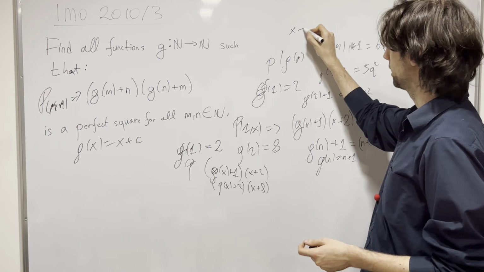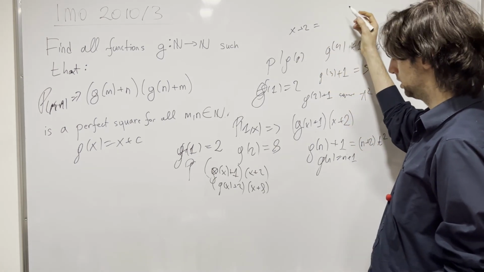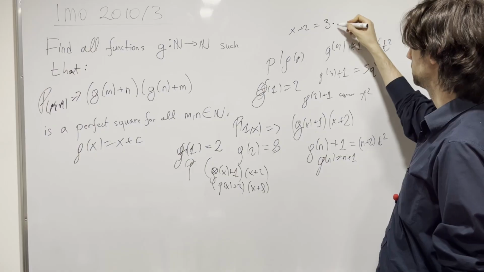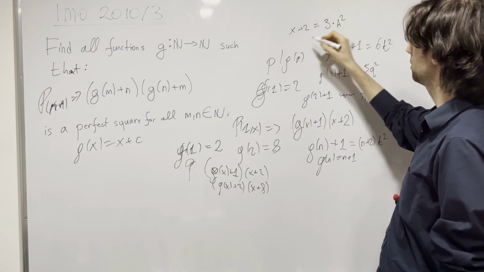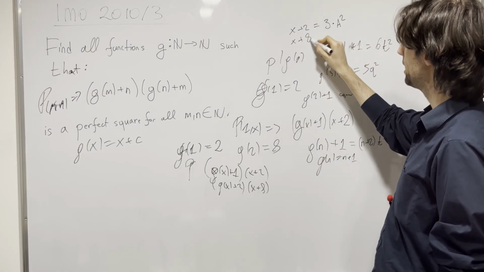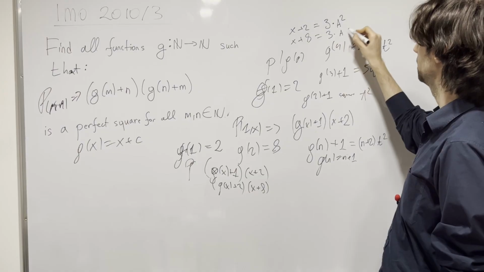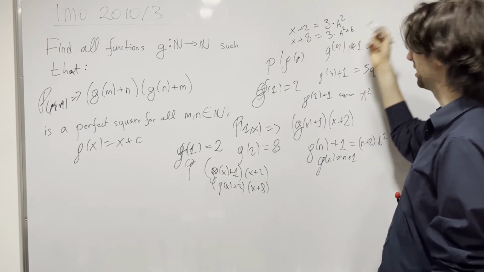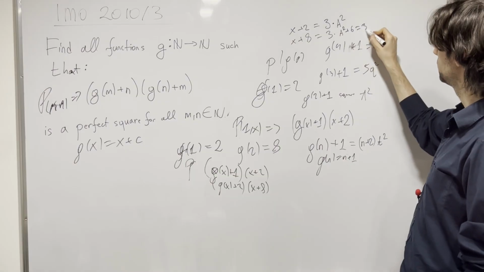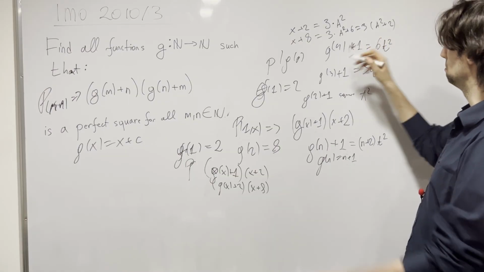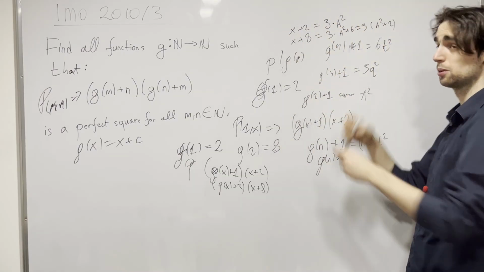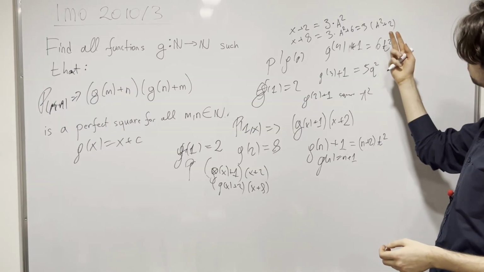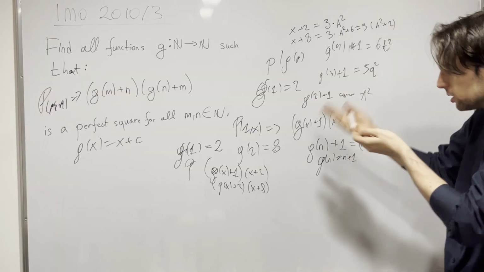So let's put x plus 2 is equal to 3 times some big A squared. x plus 8 is then going to be 3 times A squared plus 6, which is 3 times A squared plus 2. Maybe there's a contradiction to be had with this A squared plus 2. Who knows? So let's see what will happen.